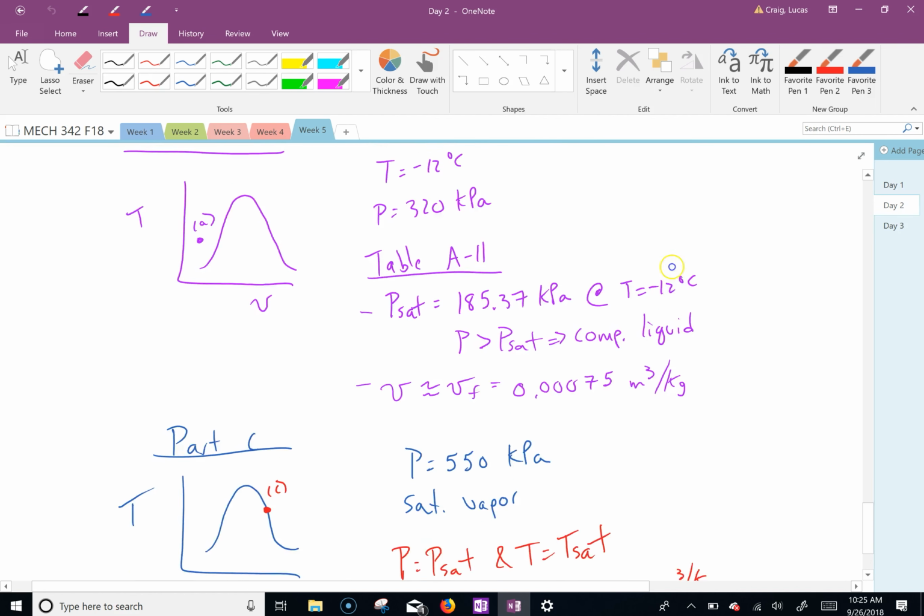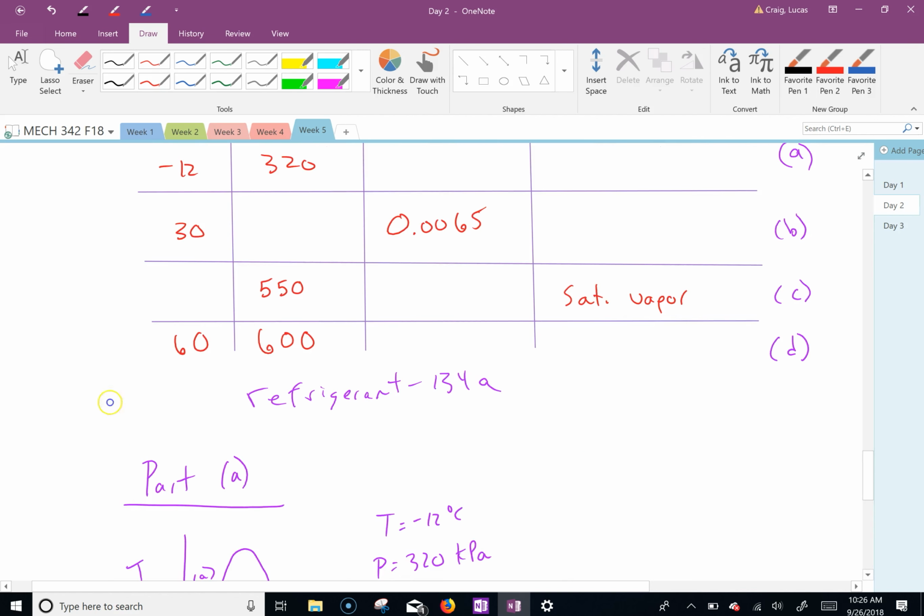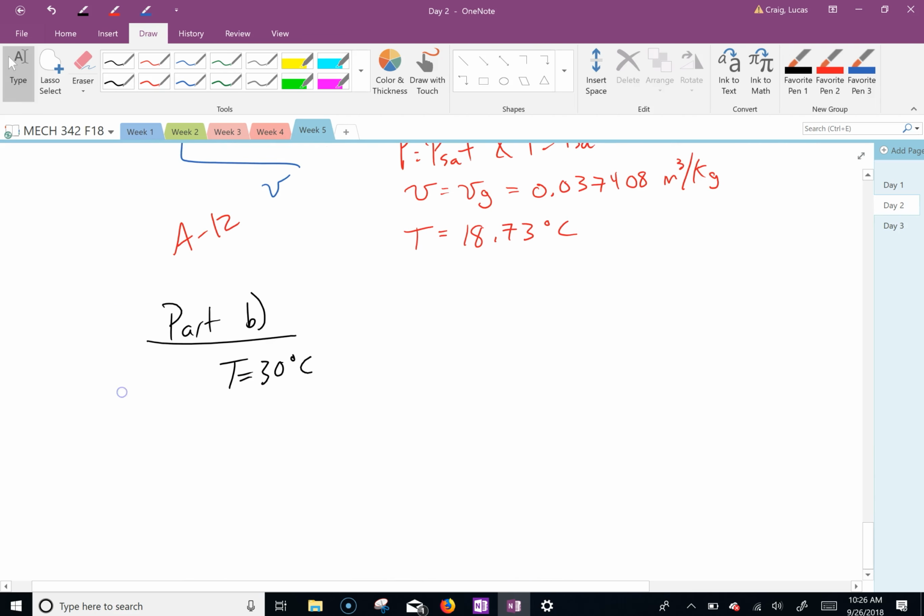All right. We might as well just do B now, right? So part B, temperature 30 degrees C, right? And this is a good transition. Specific volume was 0.0065 meters cubed per kilogram.